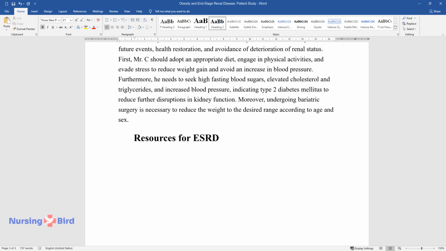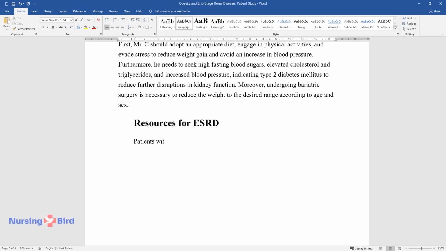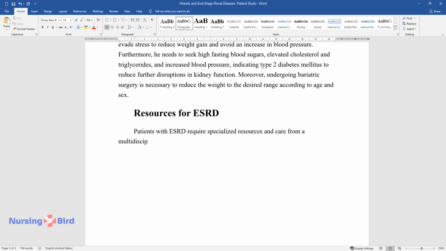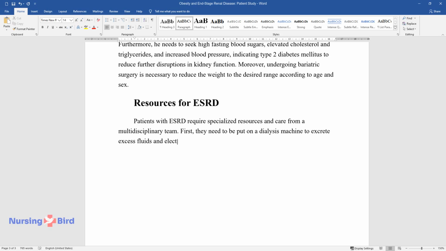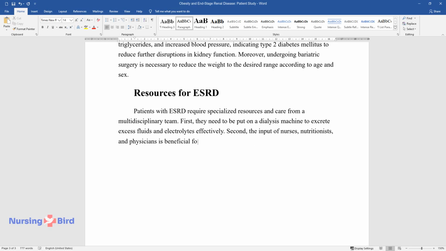Resources for ESRD. Patients with ESRD require specialized resources and care from a multidisciplinary team. First, they need to be put on a dialysis machine to excrete excess fluids and electrolytes effectively. Second, the input of nurses, nutritionists, and physicians is beneficial for managing this condition.